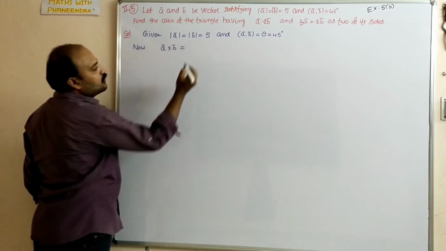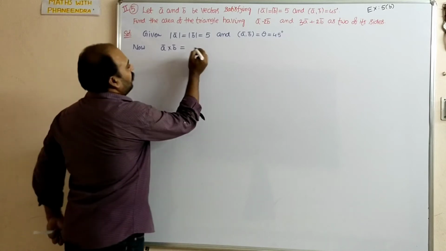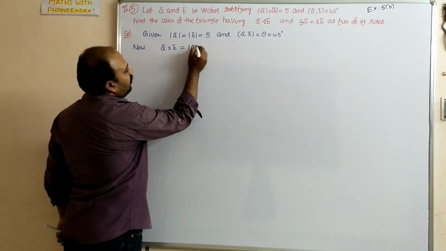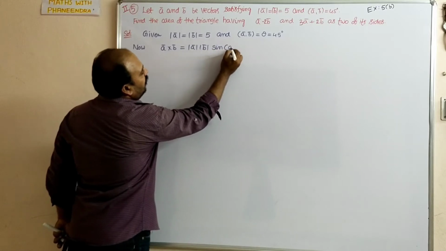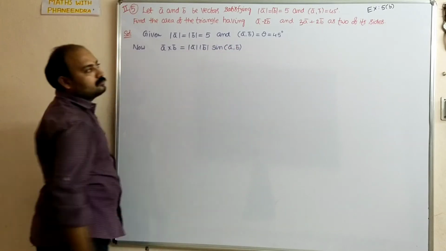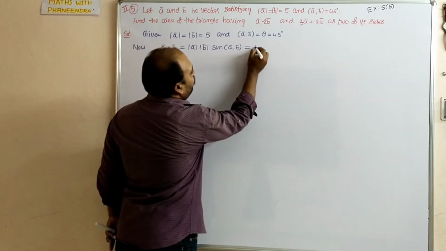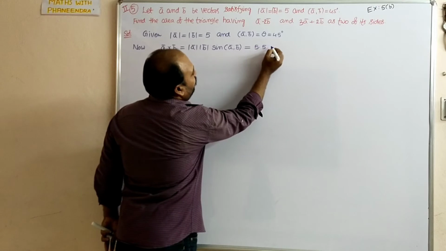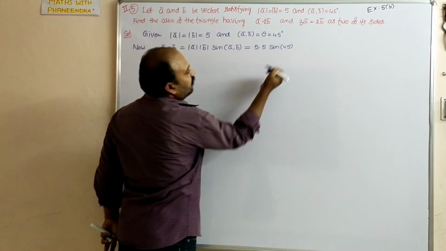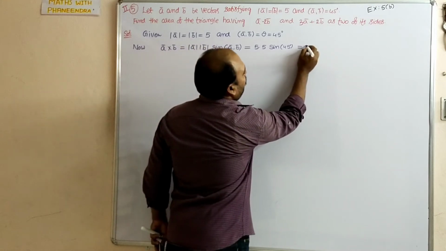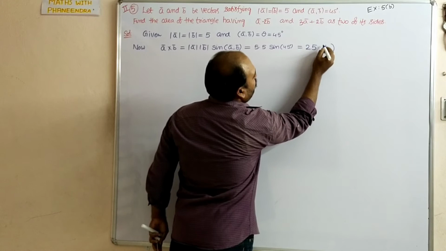Now calculate A bar cross B bar, which is equal to, what is the formula for A bar cross B bar? Mod A bar into mod B bar into sine of the angle between A bar, B bar. Substitute respective values: 5 into 5 into sine 45. 5 into 5 is 25, sine 45 is 1 by root 2.